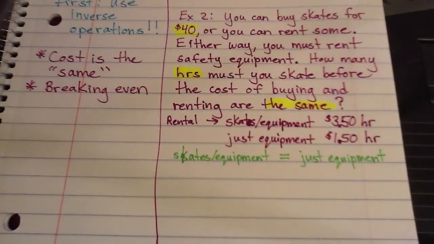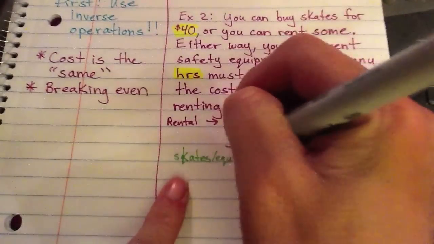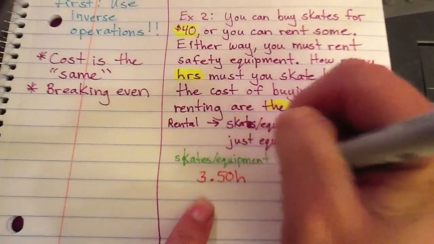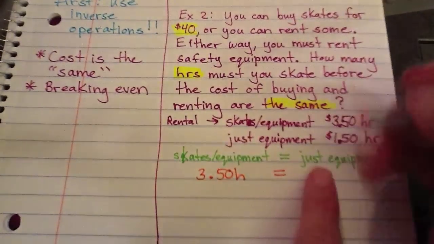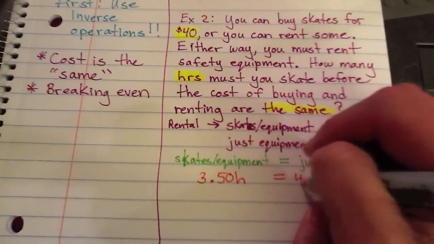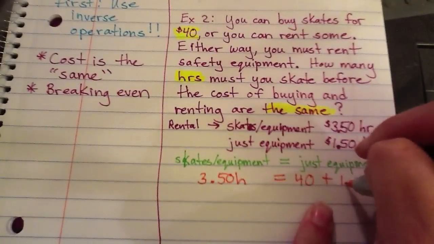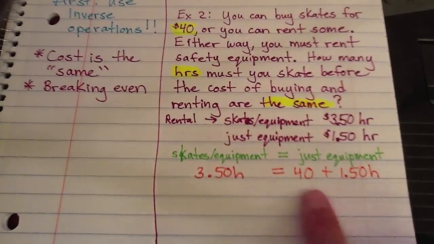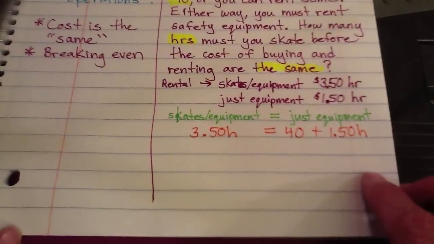So that's an original cost of $40. So your equation should look something like this. Skates and equipment is $3.50 an hour, which is equal to just my equipment plus buying my skates. So my $40 plus $1.50 an hour. Or you could have had $1.50H plus 40, but your H needs to be with the $1.50.